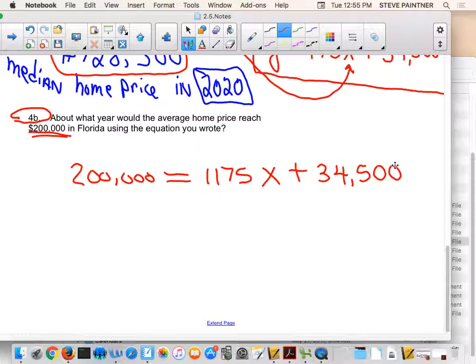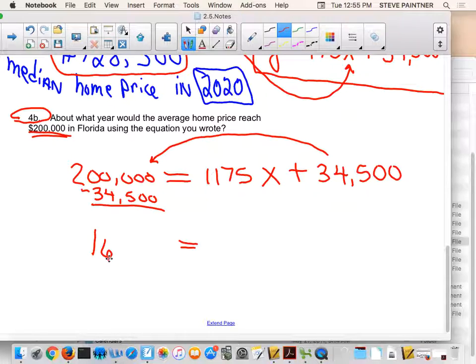Okay. So now you're solving for X, and X stands for the time. So slide this over by doing what? 34,000. You'd end up with 165,500.